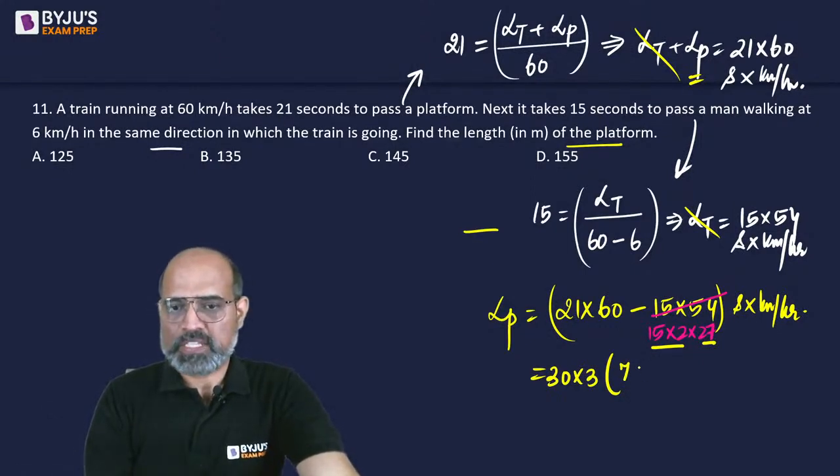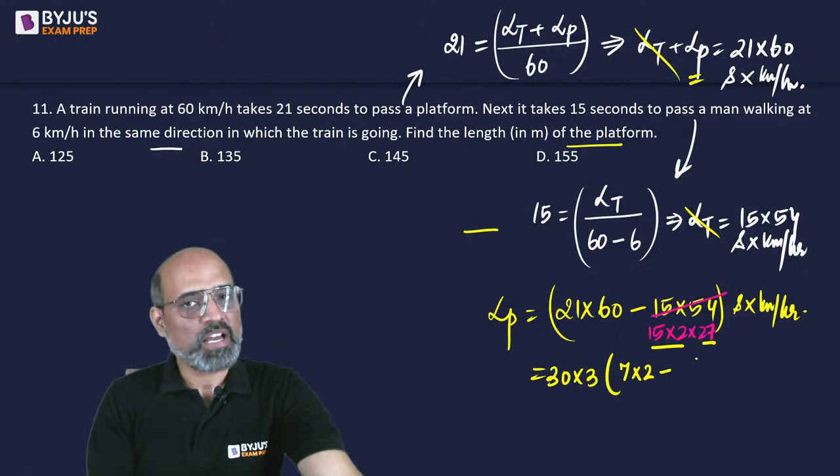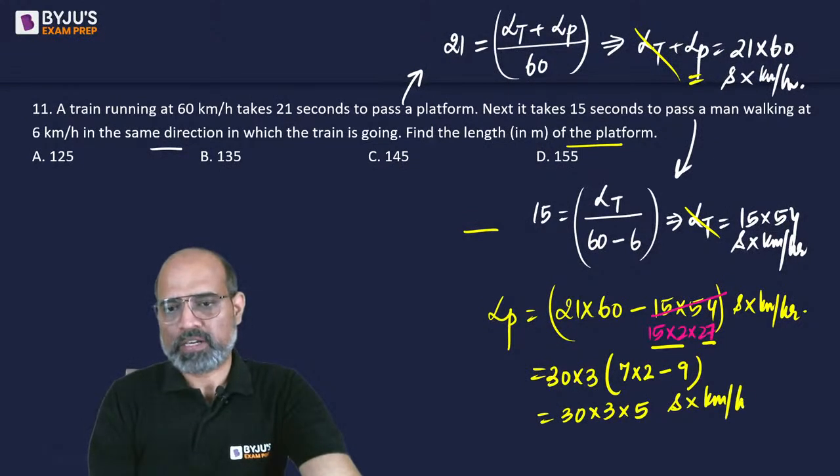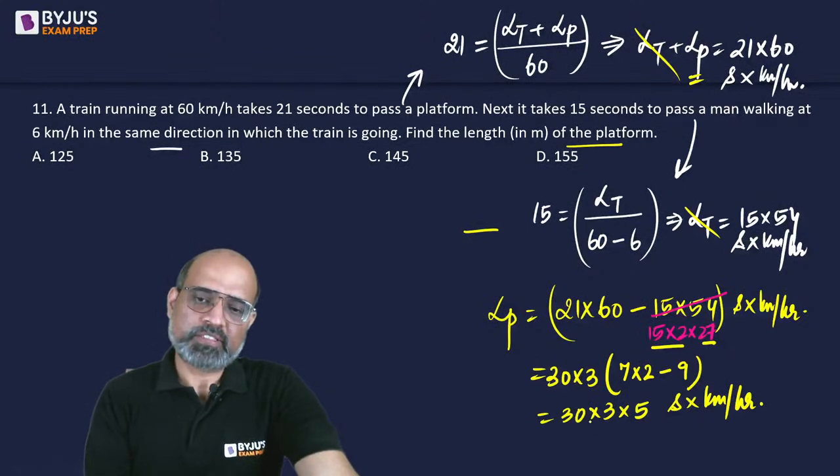So we are left with 7 here, 7 into 3 and 30 into 2 minus 30 and 3 has been taken out, so 27 में से 3 जाएगा तो 9 बचेगा. So this is going to give us 30 into 3 into 14 minus 9, which is 5. This is seconds into kilometer per hour, right?